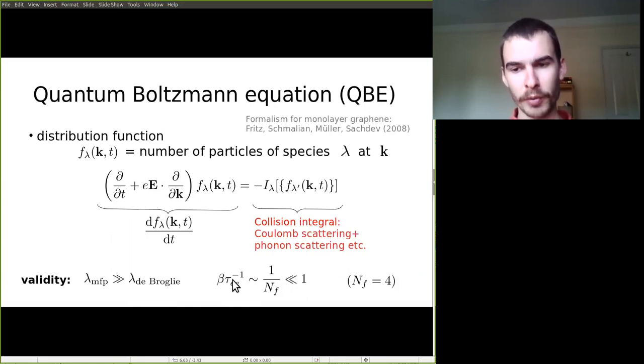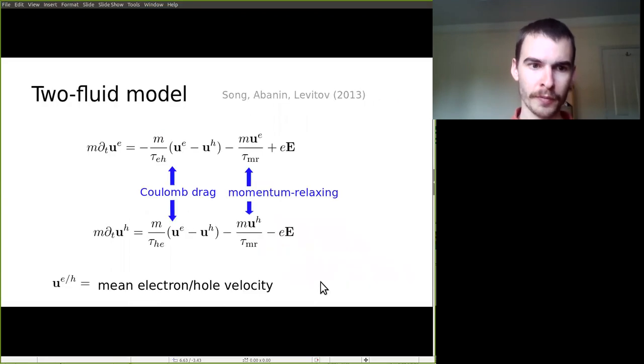And the small parameter that governs this is 1 over N_F, the number of fermion flavors, which is 4 in our case. We've got 2 spin species and 2 valley species. And so indeed, this is much smaller than 1. And so the semi-classical approach is going to be valid.